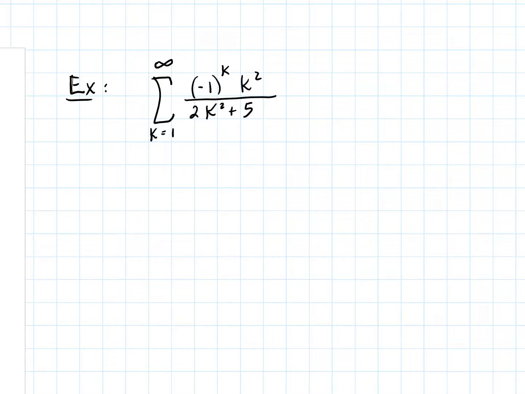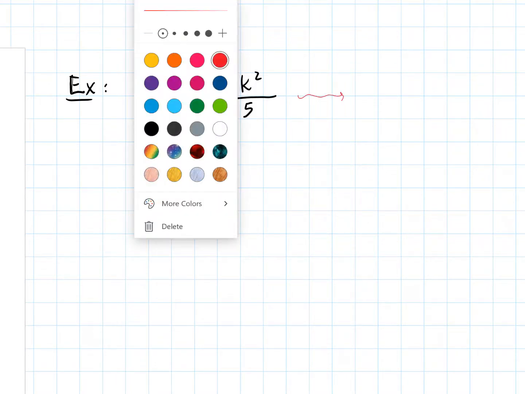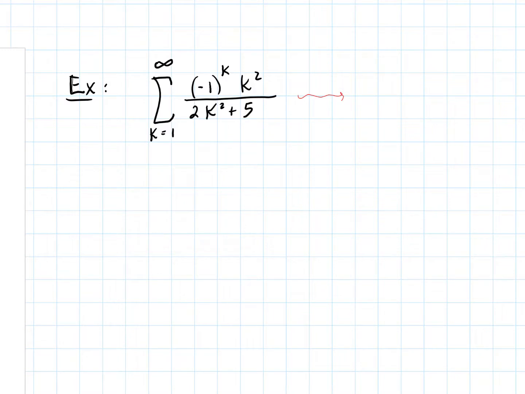Quickly, whether I do this in my head or write it out, I can't take the limit with that switch on it. So what I can do is first look at the absolute value of the terms, which takes off the switch and leaves me with k squared over 2k squared plus 5.